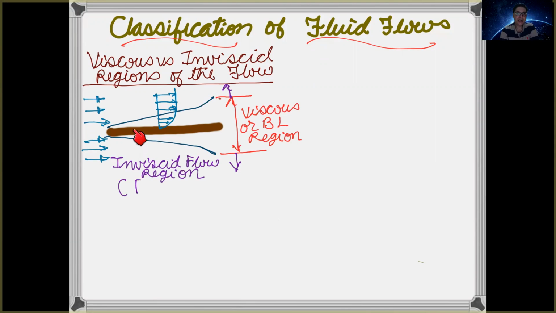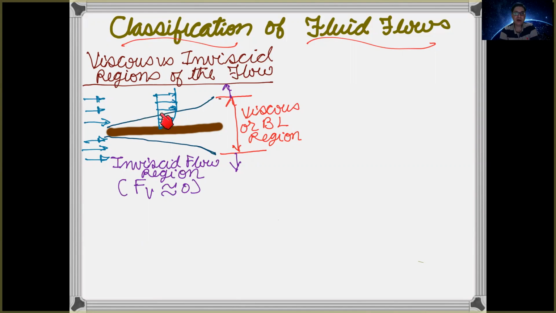This is a stationary plate and the fluid is flowing from left to right. If this plate is stationary, according to the no-slip boundary condition, the fluid which comes into contact with this plate has a velocity of 0. Very far away, the velocity is equal to the free stream velocity which is at the inlet.